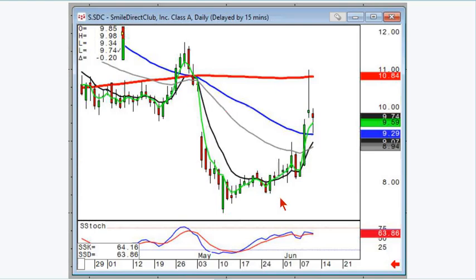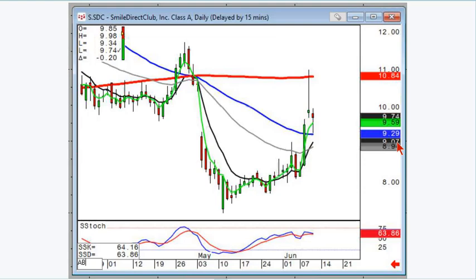SDC. Look how it failed at the 200, came right back to the 50 and bounced. Sir, you could buy this on positive trading. Kind of a tough one to trade, but you could buy it on positive trading.